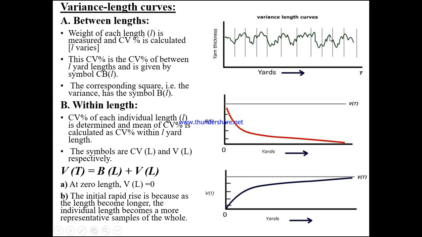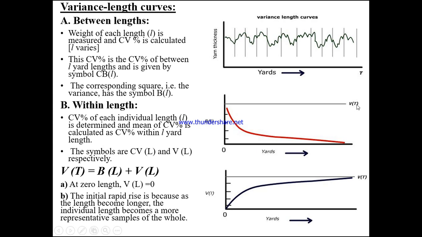So yarn diameter will vary with the length. This is a variance length curve. Now if you talk about the mass variation of the yarn, the total mass variation will be expressed by Vt, T for the total variance.